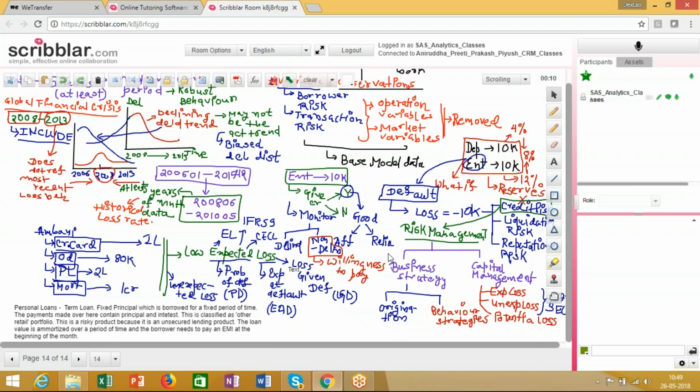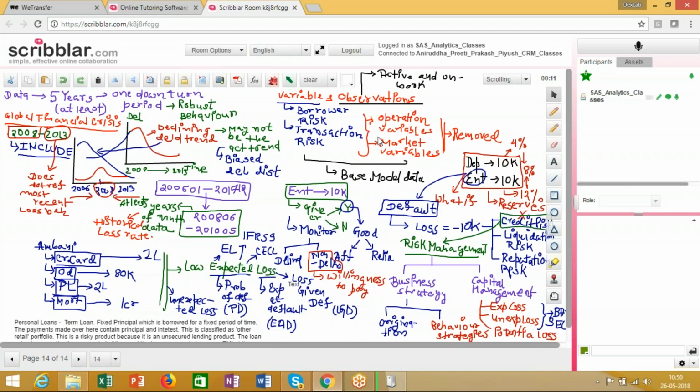Okay, job loss. So the sources of risk for a personal loan arise from the following.